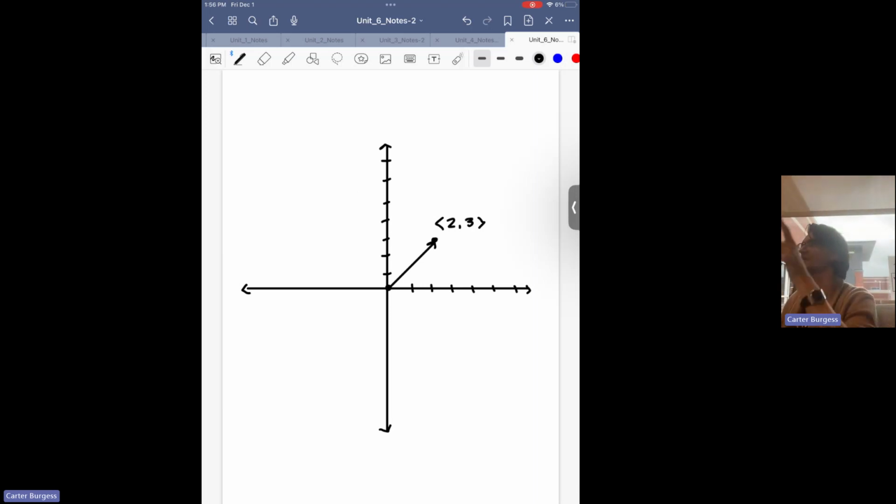The vector only cares about the magnitude, what distance we are traveling, and the direction, which theta we are moving in.